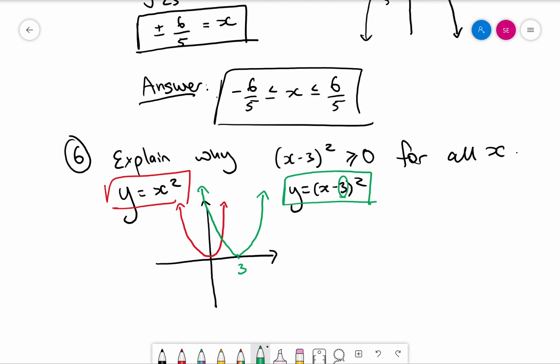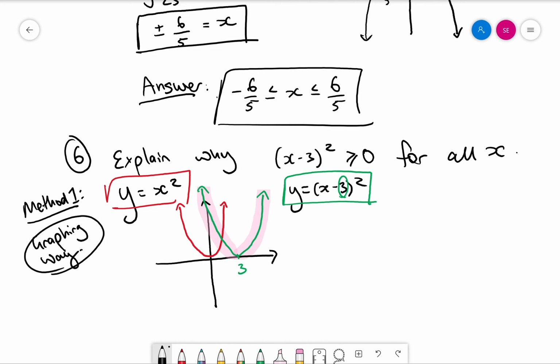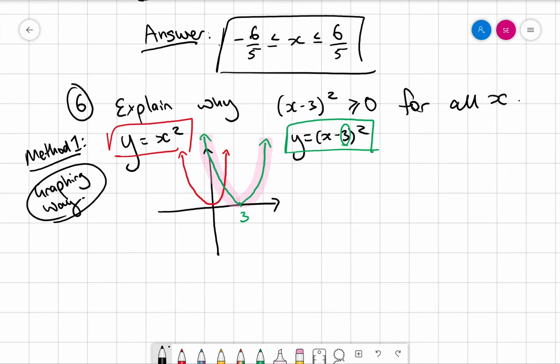Now, you can see that for all of the x values, they're greater than or equal to the x-axis. So that's method 1, which is the graphing way, from what we've been doing this exercise and the last few exercises.